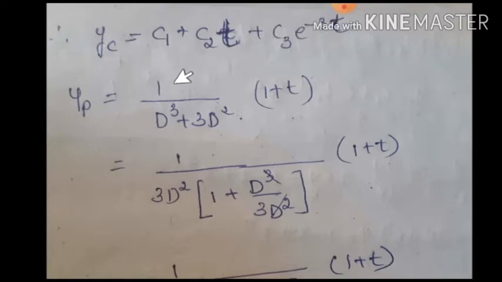Now find out the particular integral. Particular integral should be xp, not yp. Okay. So 1 by f of D, D cube plus 3D square, into 1 plus t. Now here there is no constant term like in the previous problem. Yes or no? Observe that.